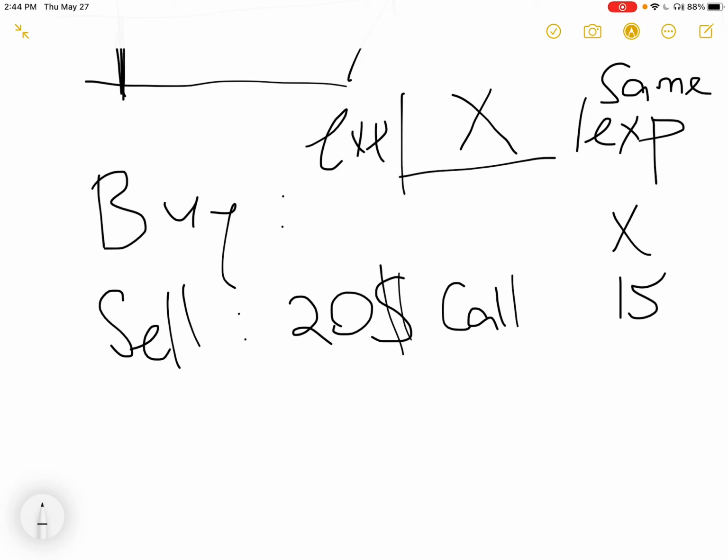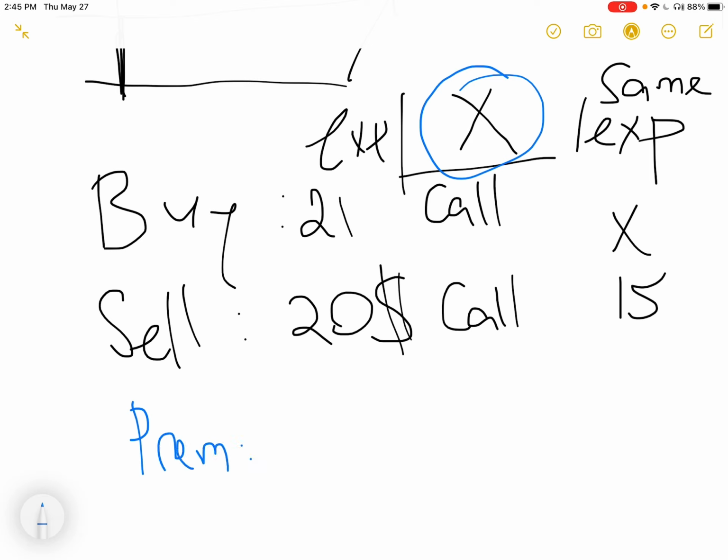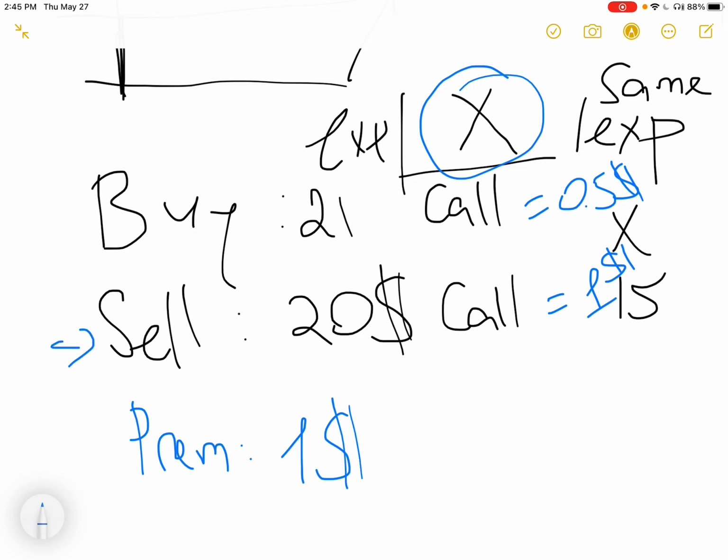But on the other side, you're going to go back to the market and buy a $21 call option with the same expiry for the same underlying company X. In this case, the premium will be, let's say, you get $1 for selling this contract, then you pay 50 cents to buy that same contract with a different exercise price.